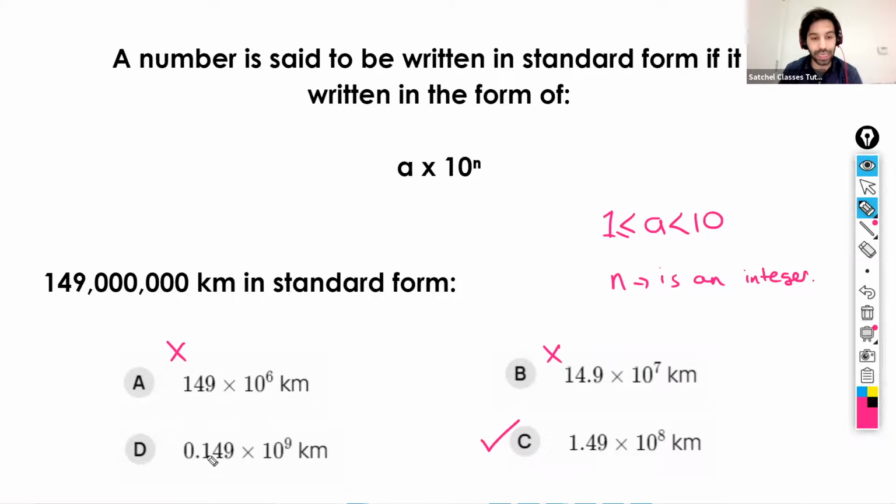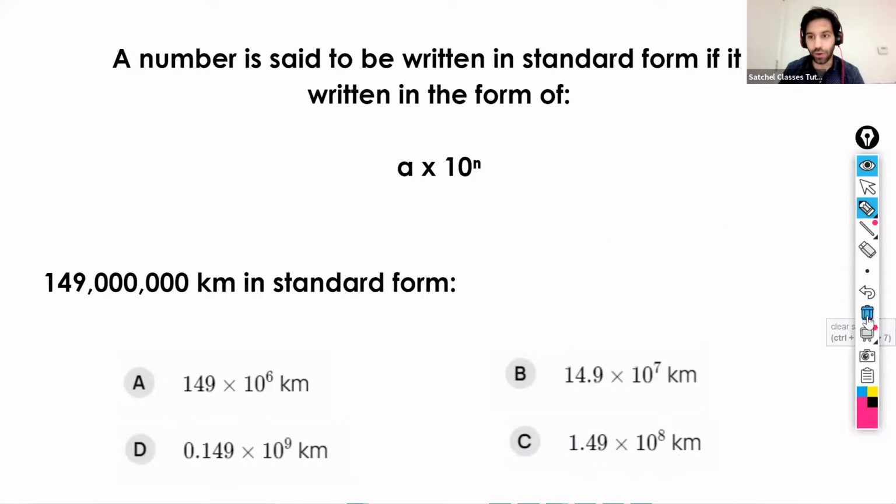And likewise here, 0.149, we can rule this out because again, it's not between 1 and 10. So hopefully you would have realized that this is the correct answer because your a value is between 1 and 10, and then we have our n value, which is an index of 8.